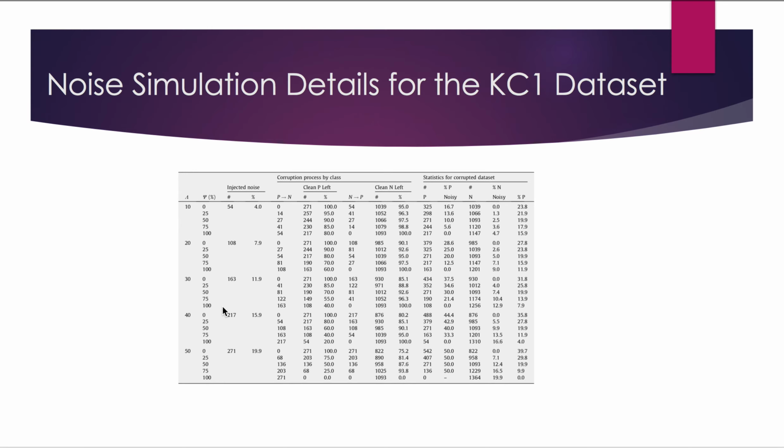For example, the KC1 dataset has 271 positive and 1093 negative examples, as shown in the slide, and at the 30% noise level, KC1 will be corrupted with 2 times 30% times 271, which is 163 instances.